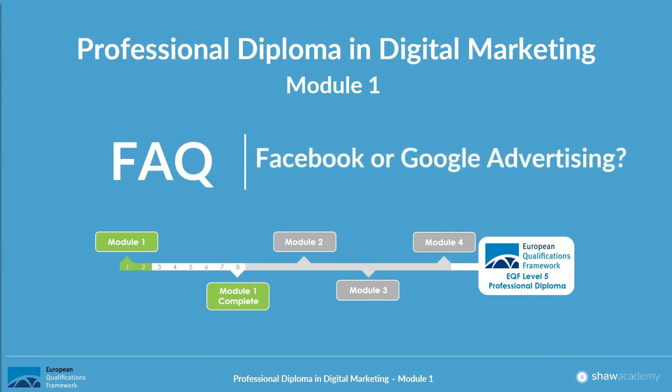Facebook or Google advertising, which one is better? So, Facebook is a social media platform, while Google is a search engine, okay? Google is much bigger. Advertising on either of them is done with different approaches, and they will have different results.